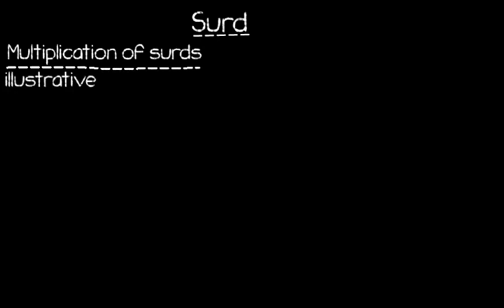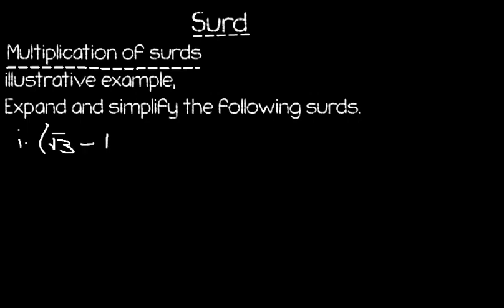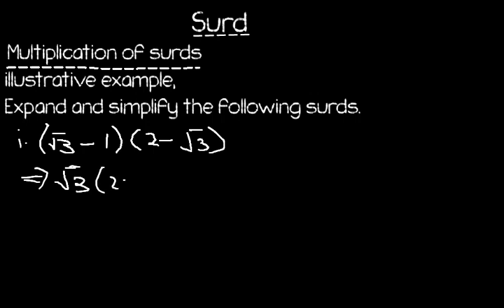So root 3 times 2 minus root 3, minus 1 times 2 minus root 3. So 2 root 3 minus root 3 squared minus 2 plus root 3. So the square cancels the root, getting 2 root 3 plus root 3 minus 3 minus 2. You are getting our answer there.